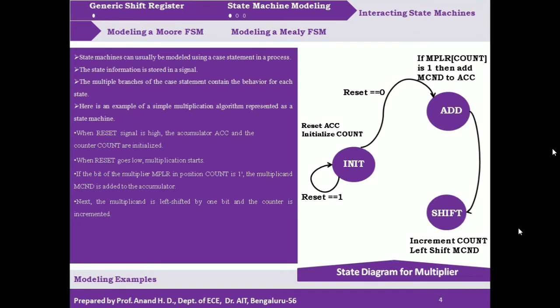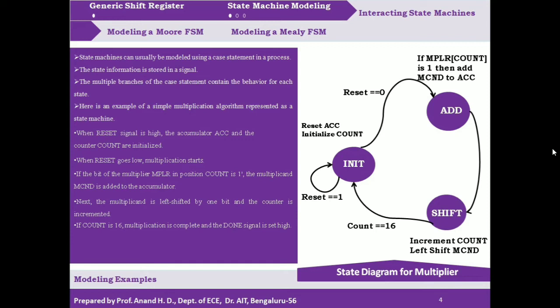After this, in the shift state, once the count is incremented by 1, it is going to check whether the count value is 16. If it is 16, then it goes back to the initial state. Here we are performing multiplication of 16 bits: a 16-bit multiplier will be multiplied with a 16-bit multiplicand.